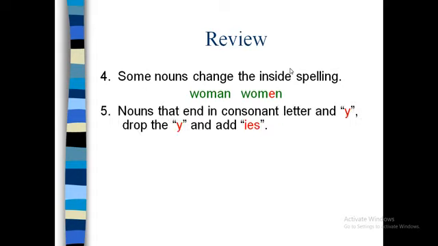Okay. Rule number 5. Nouns that end in a consonant letter and Y, before the Y there is a consonant. Drop the Y and add IES, like fly. Drop the Y or change it to I and put ES.